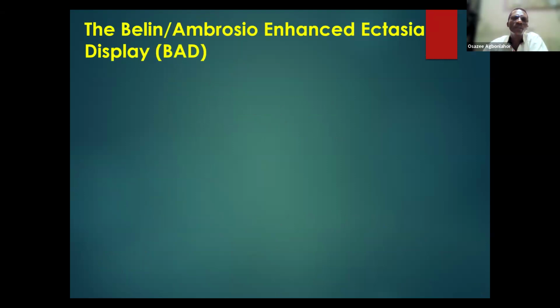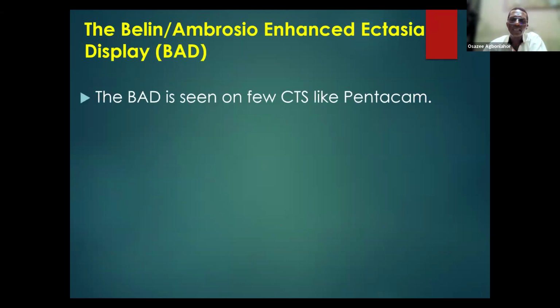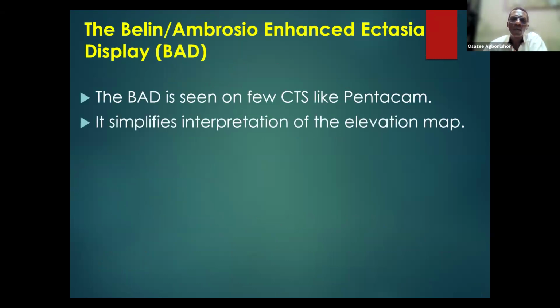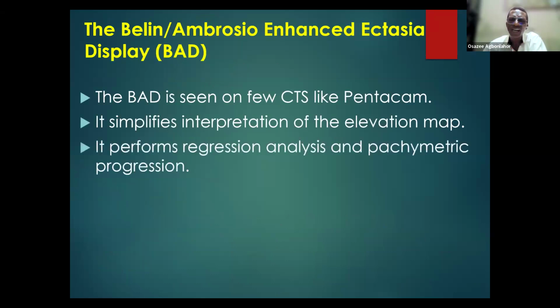So this is the BAD map. We call it the Belin-Ambrosio Enhanced Ectasia Display, also known as the BAD map. Like I said earlier, this map is seen in very advanced topographers like your Pentacam, where it helps to simplify not only the elevation map, but even the pachymetric map also, trying to give you more or less a regression analysis.